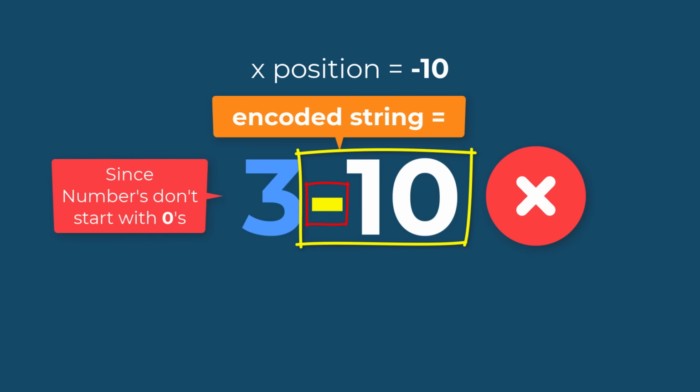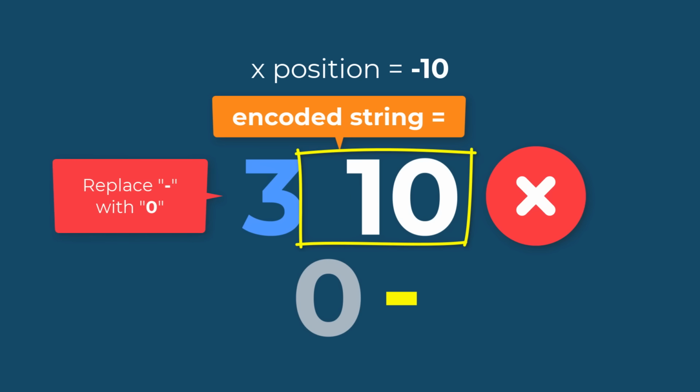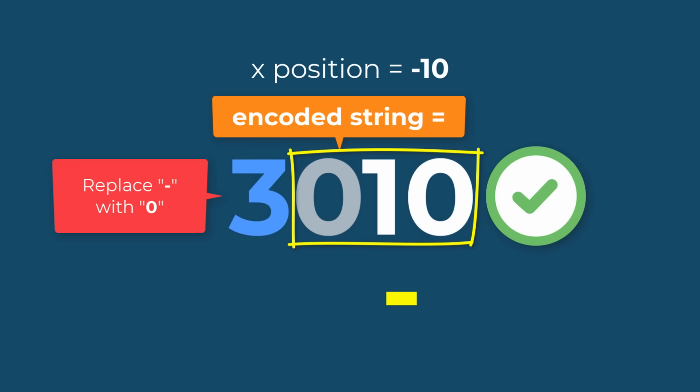Well, since no numbers will begin with a 0, and the negative symbol always appears at the start of a number, how about we simply replace the negative symbol with a 0 instead? So -10 will become 010. And we can identify it as a negative number because it starts with a 0.